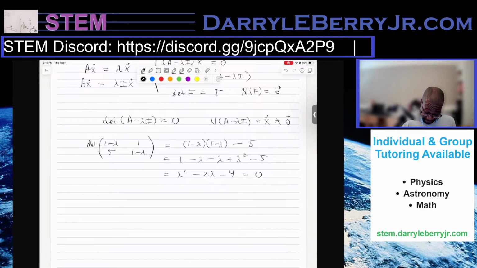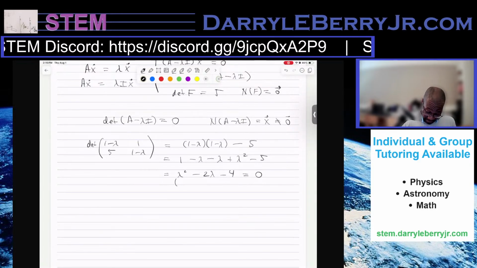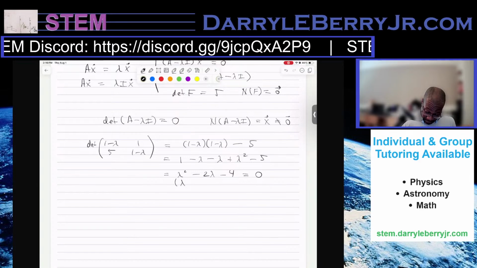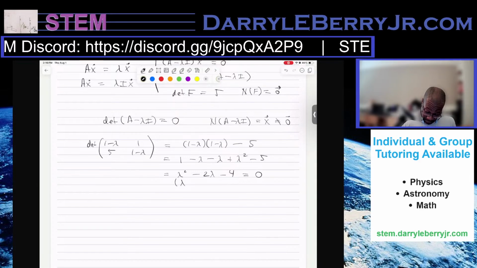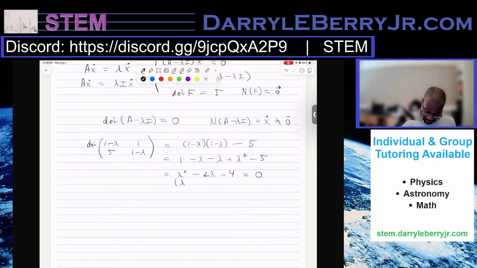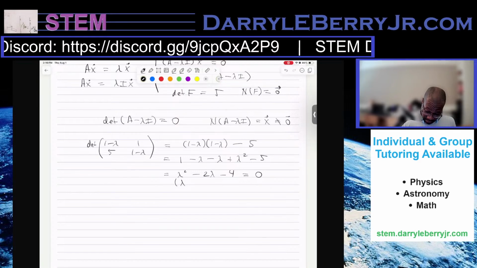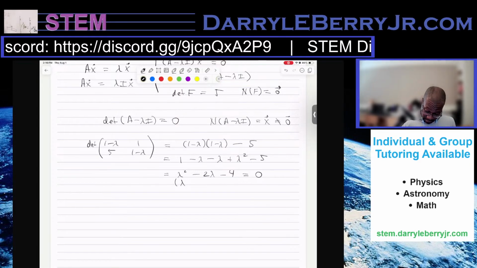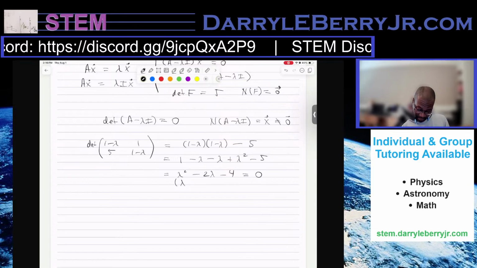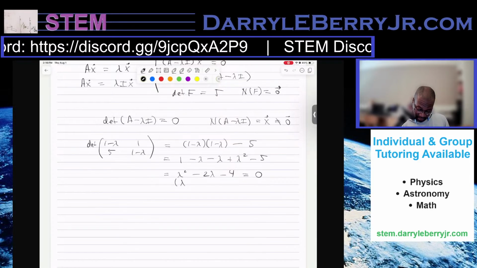So I can factor this easy enough. I can say lambda minus 4, no, minus 4, 1, no, 8, 2, 8. Oh, maybe not easy enough. I need something that multiplies.